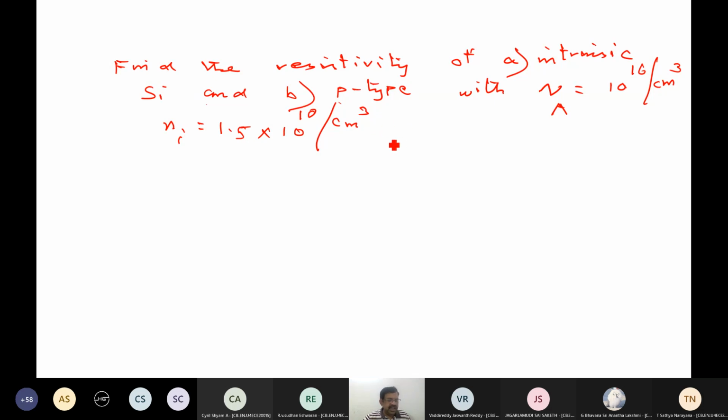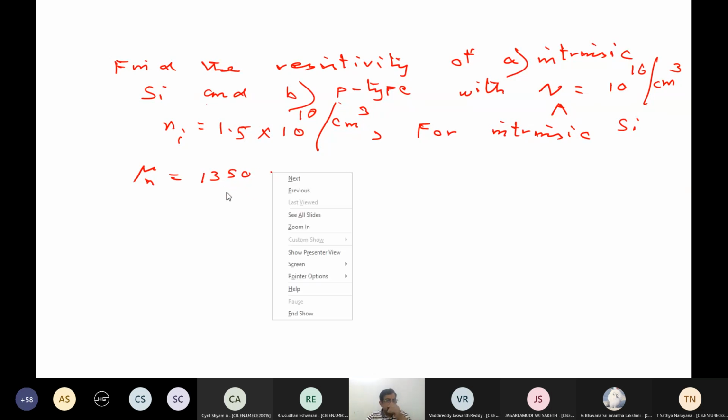Before that, I need to do some theory which I forgot. Take down this problem, we'll do it in the next class. For intrinsic silicon, mu n, the mobility of electrons, is 1350.